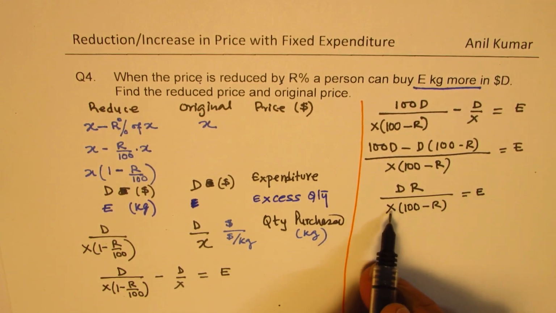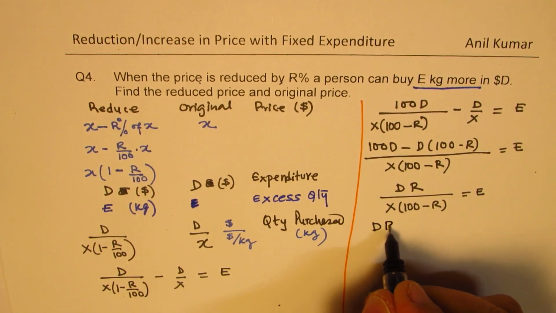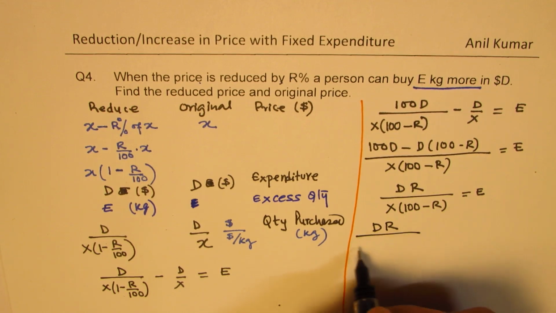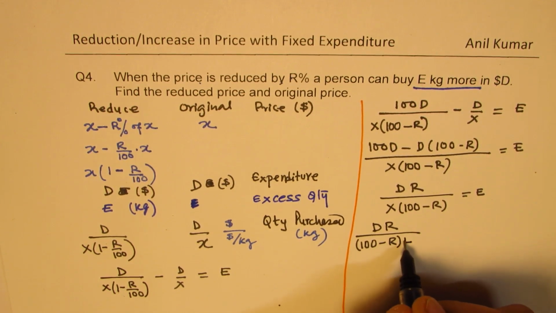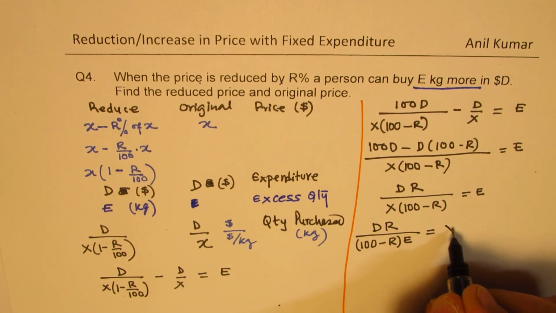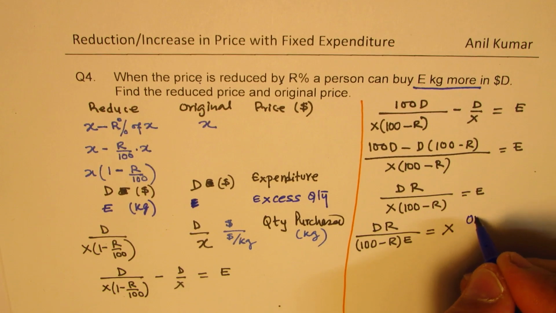Correct? We can isolate X now by cross multiplication. So we have D times R over 100 minus R times E, the excess amount, is equal to X. So we get a formula for the original price.